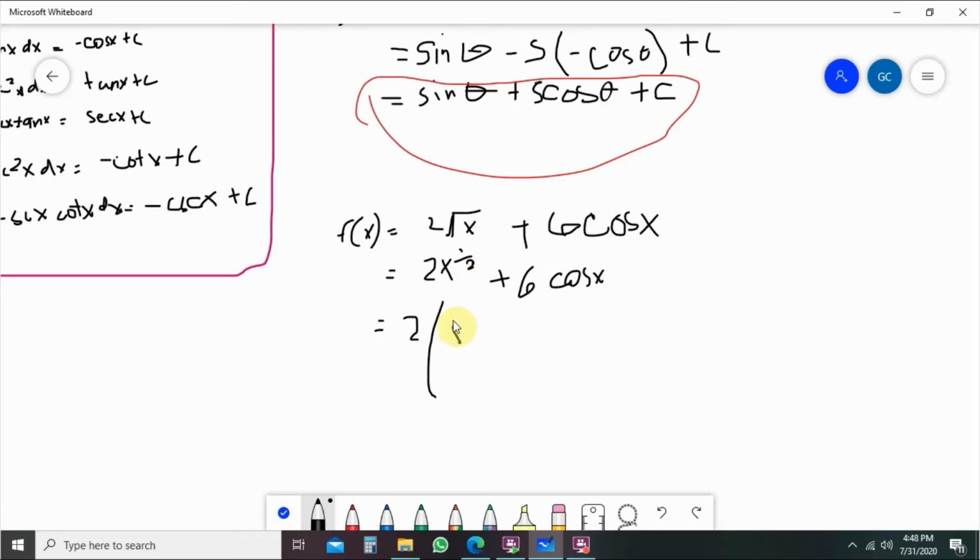So that would be x to the 3/2 over 3/2 plus 6 times, what is the integral of cosine?